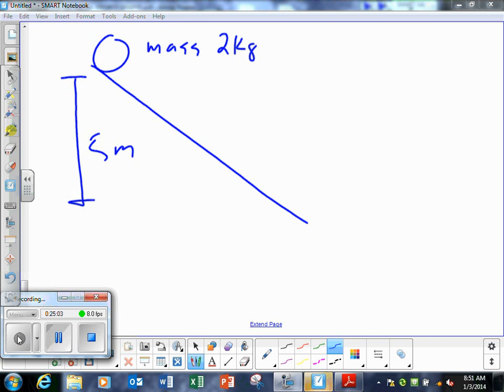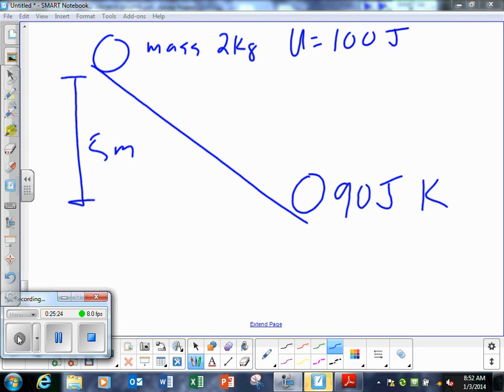And let's say that down here I end up with 90 joules of kinetic energy. Okay, does that add up? It doesn't add up, right? Because if you go mgh here, this would be a potential energy up here of 100 joules. You agree? I only have 90 joules down here. Ignoring rotational inertia, what happened?